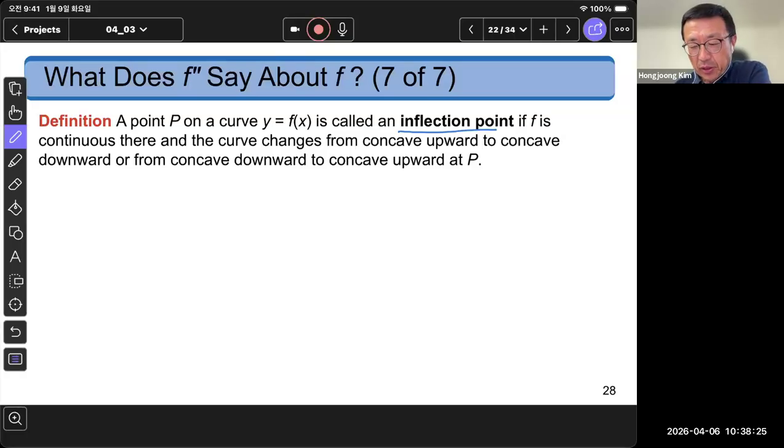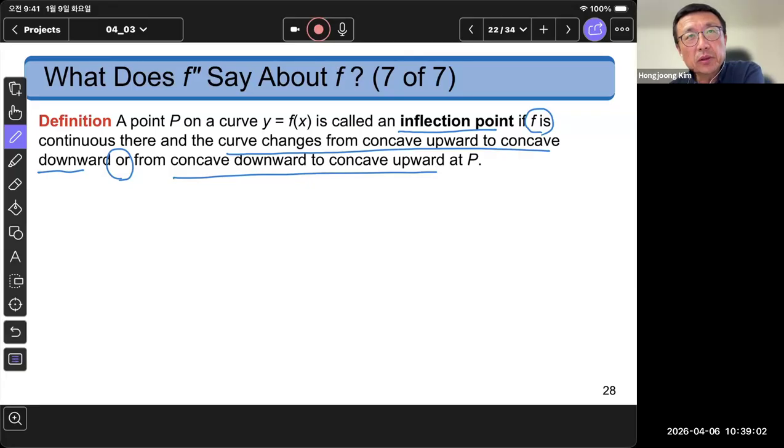In mathematics, when I say an inflection point, that means your f is continuous and the curve changes from concave upward to concave downward, or concave downward to concave upward at a certain point. Then that point is called an inflection point.